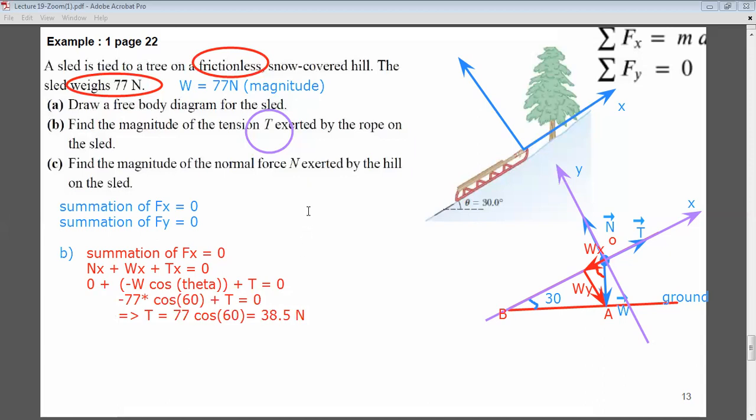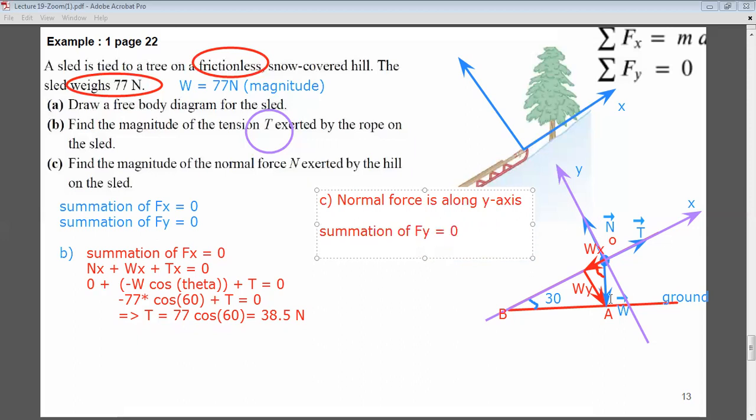Okay, this is part B. Part C is asking for the normal force. Normal force is along the y-axis, so I have to use the summation of Fy equal to 0.